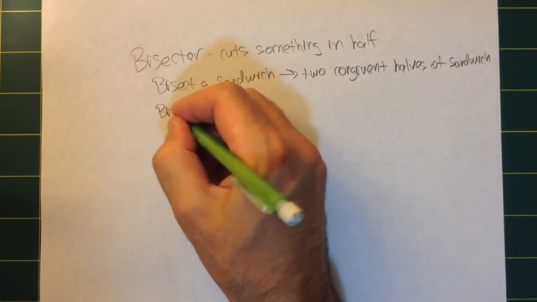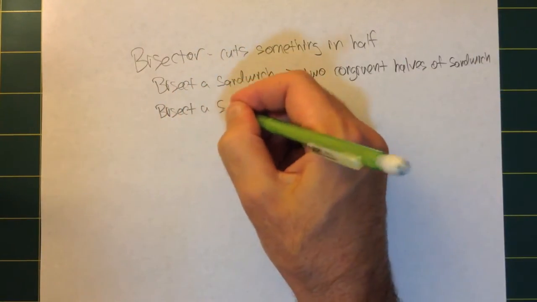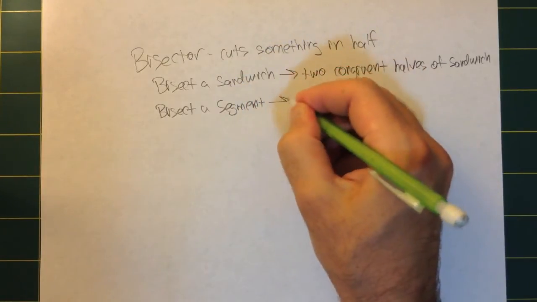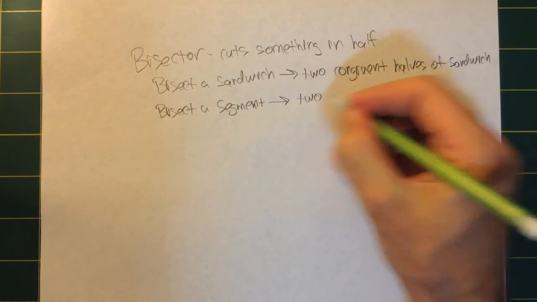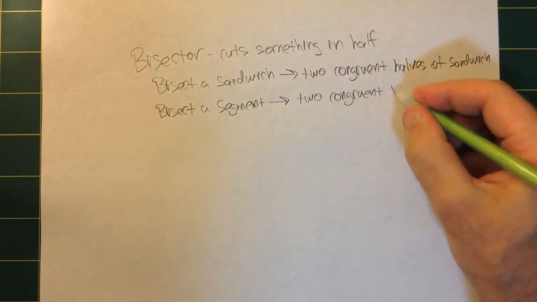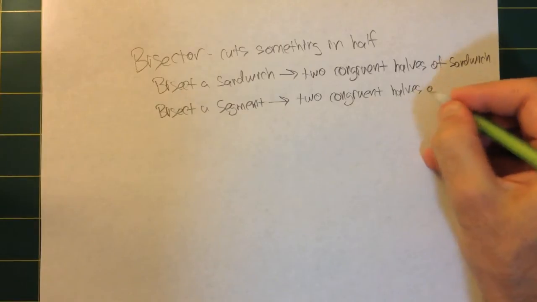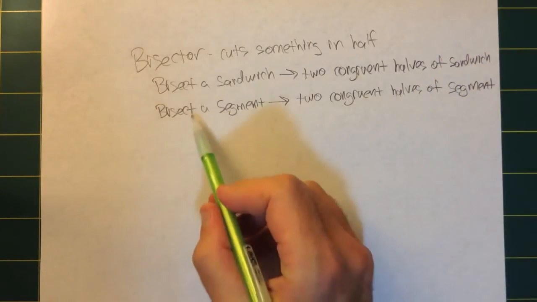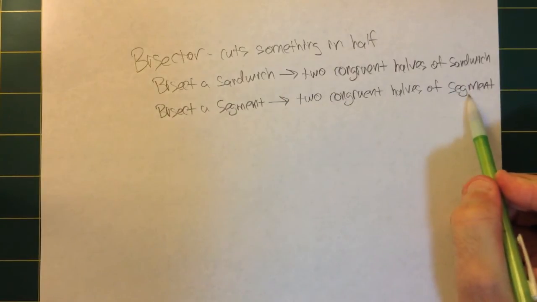If you bisect a segment, let's continue this logic, you will create two congruent, they are the same, halves of a segment. Bisecting a segment gives you segments.